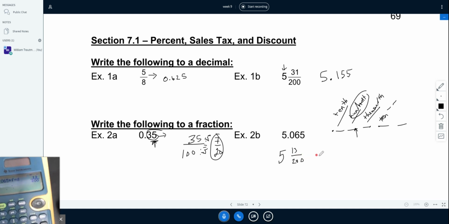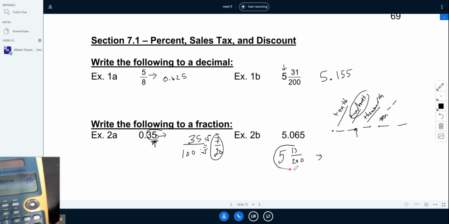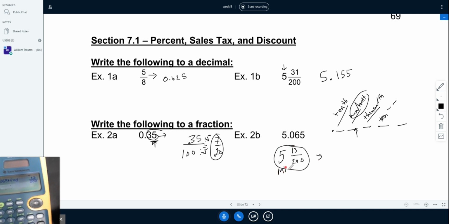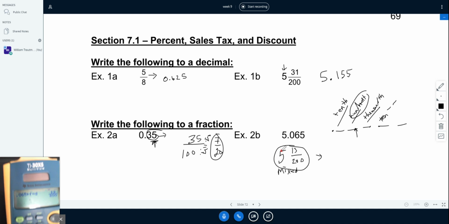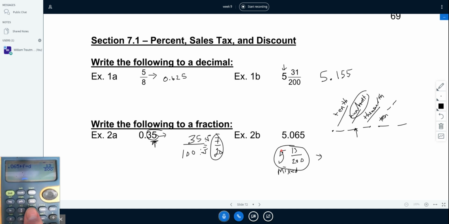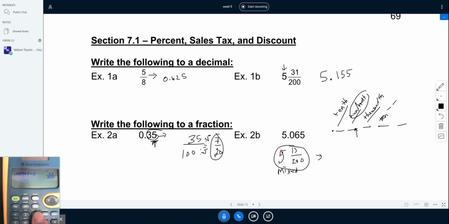Now, this is a mixed number. But if they ask for an improper fraction where they don't want a whole number, there's a button right here. Do you see it says fraction to mixed number or mixed number to fraction? So I'm going to hit second and that button and hit enter.